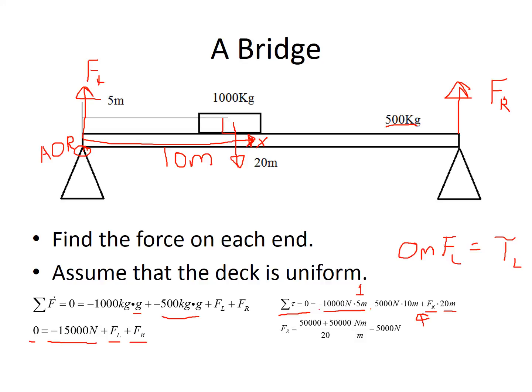We could have done the same analysis about any point on the bridge, because if the bridge is truly in equilibrium, the torques about every point must be 0. But we choose this left-hand one because it's convenient.